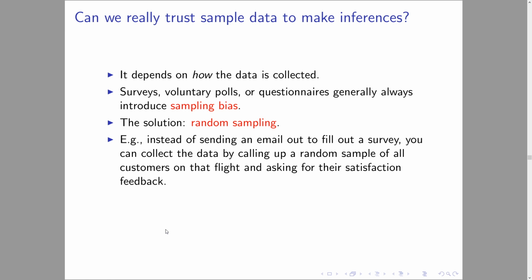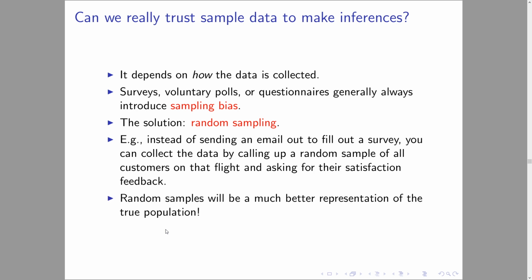And because of that, there's most likely not going to be much skew because you're not going to be always getting people who have really good or really bad experiences. You will most likely get a lot of people who had pretty neutral experiences. So that means random samples are a much better representation of the true population. And if you can do that, you should do that.